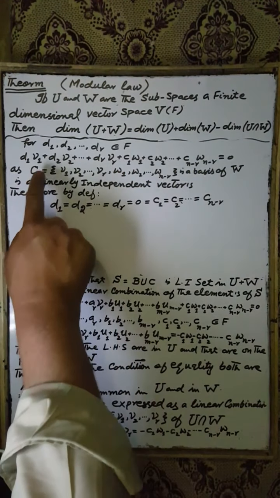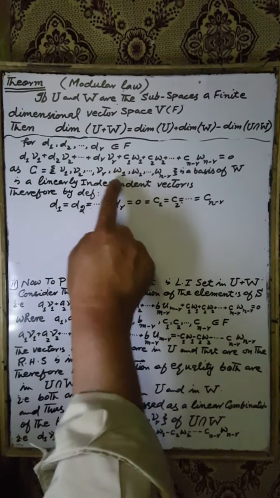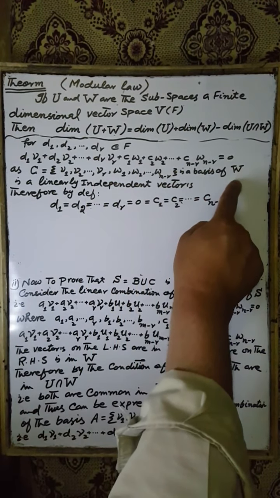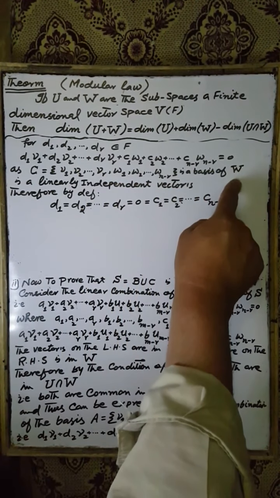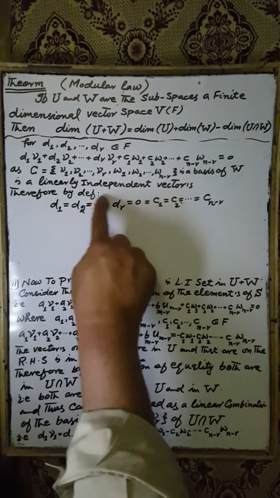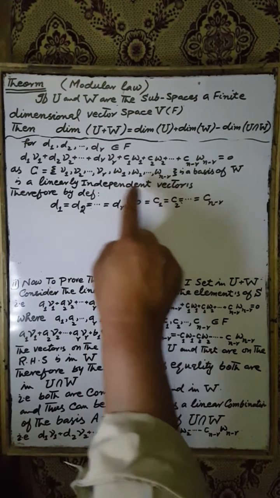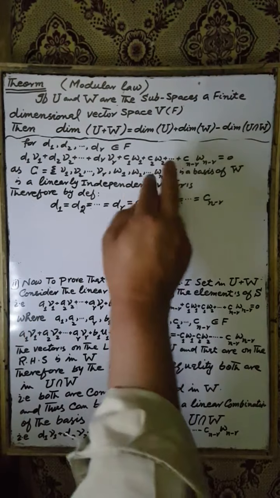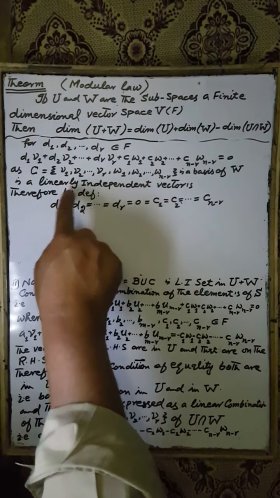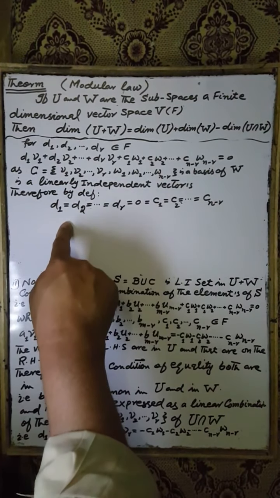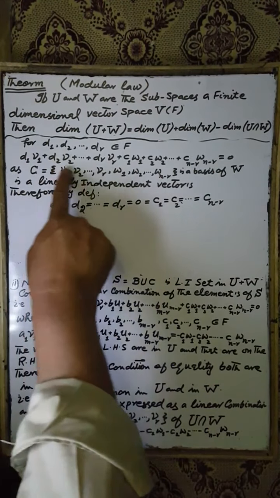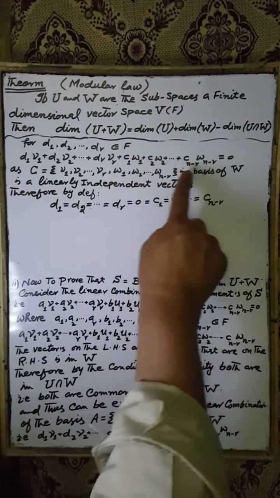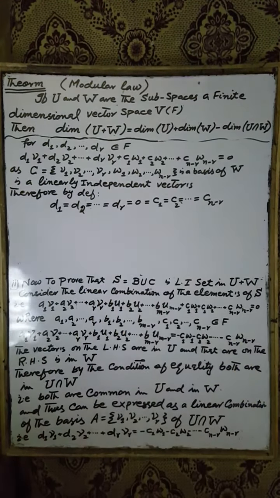Since the vectors v1, v2 up to vr, w1, w2 up to w(n minus r) form a basis of the subspace W of the vector space V over the field F, these vectors are linearly independent, and the linear combination equals 0, according to the definition of linear independence, only when all the scalars d1 up to dr and c1 up to c(n minus r) are equal to 0.